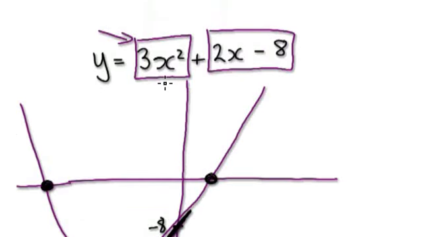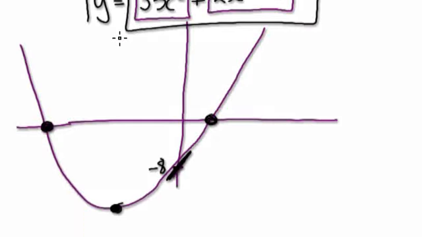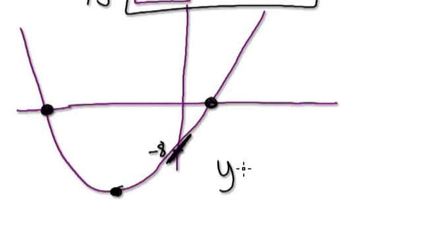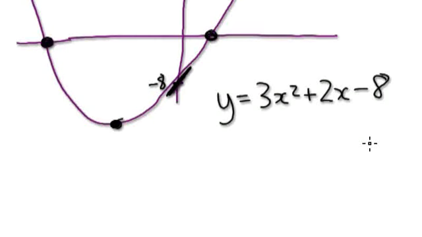To do this, rewrite this whole thing here as this. Hang on, let me just copy it down here: y equals 3x squared plus 2x minus 8. To do this, you've got to use what's called completing the square.